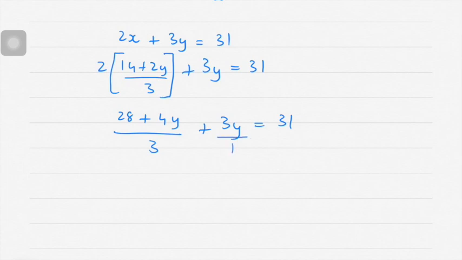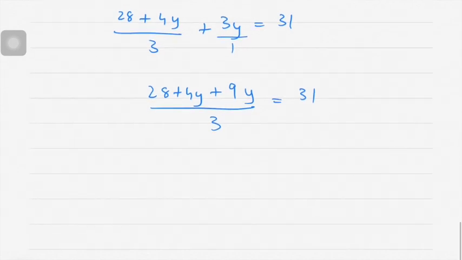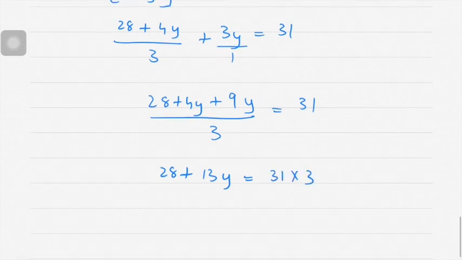Now let's do cross multiplication. This is 3y, that means 3y upon 1, correct? So 28 plus 4y plus 3 times 3y, which is 9y, upon 3 is equal to 31. So 28 plus 9y plus 4y, that is 13y. The 3 I'll take to the other side, so division will become multiplication.